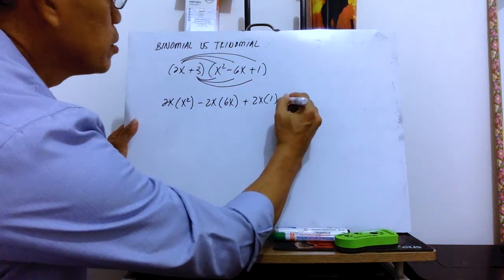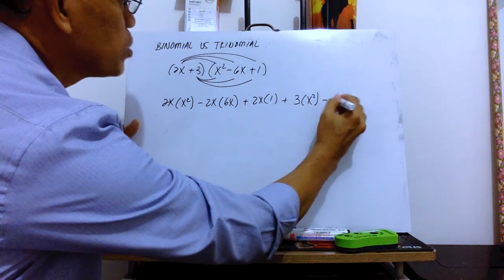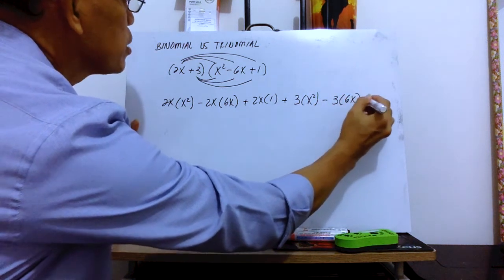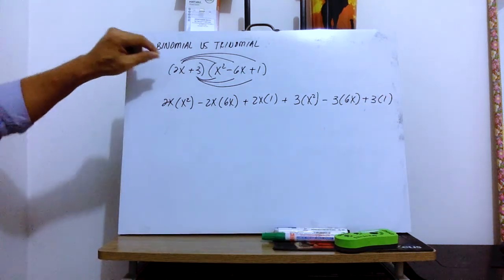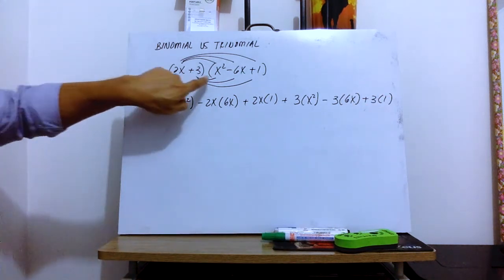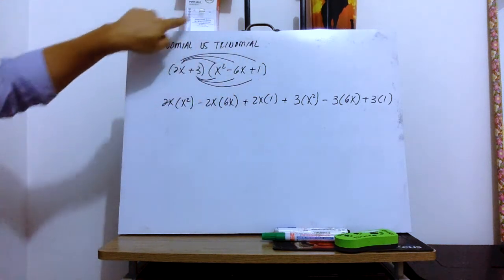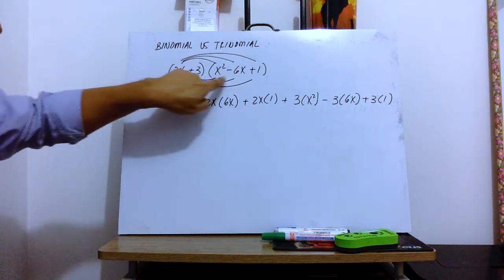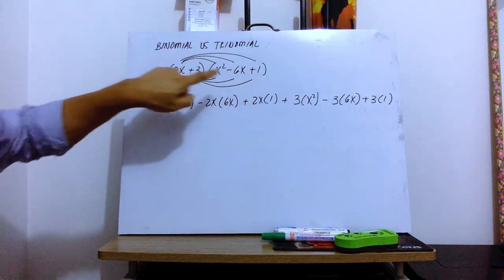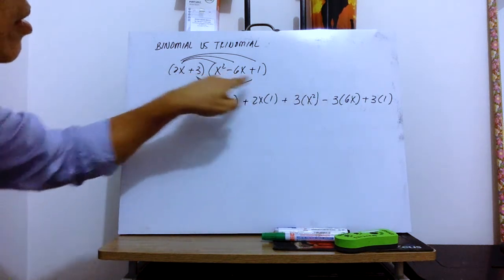And then plus 3 times x squared minus 3 times 6x plus 3 times 1. Okay, so I distributed the first term to the 3 terms here, and then I distributed the second term of the binomial to the 3 terms of the trinomial. 3x squared, 3, negative 6x, and then 3, 1.